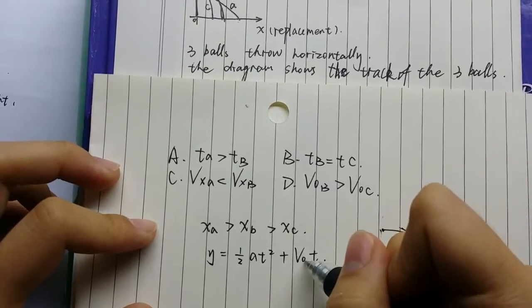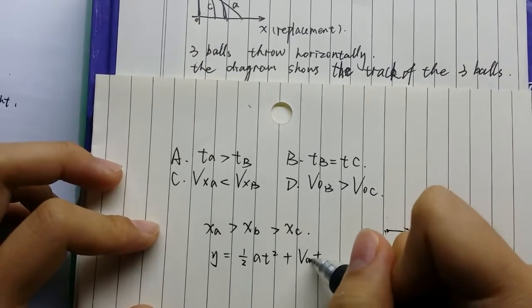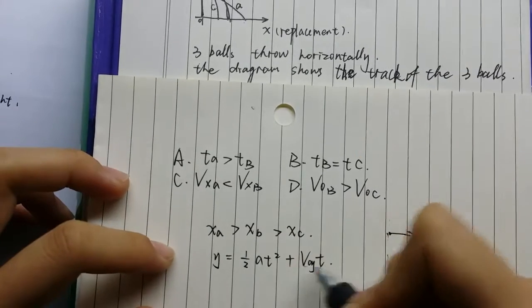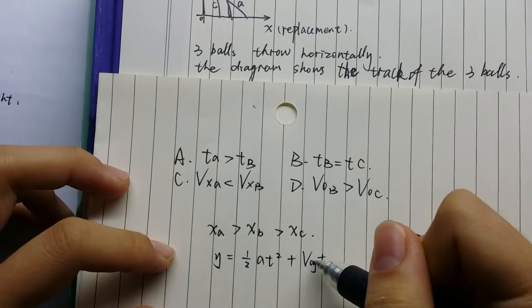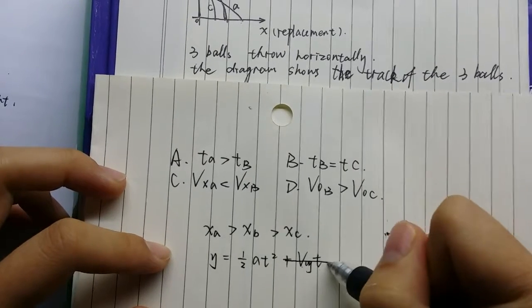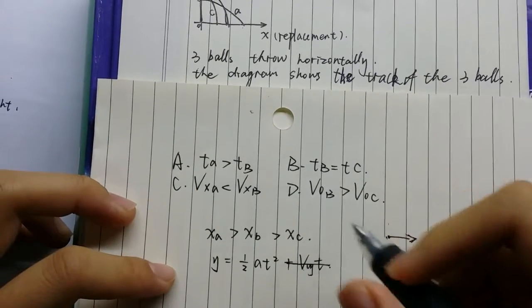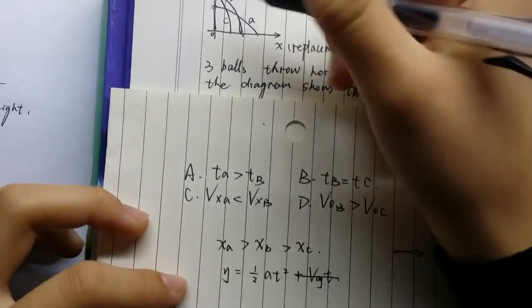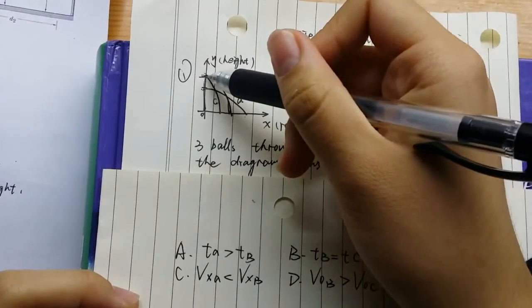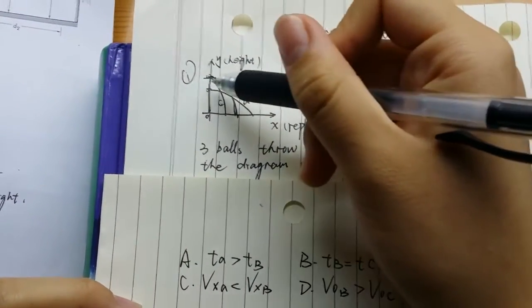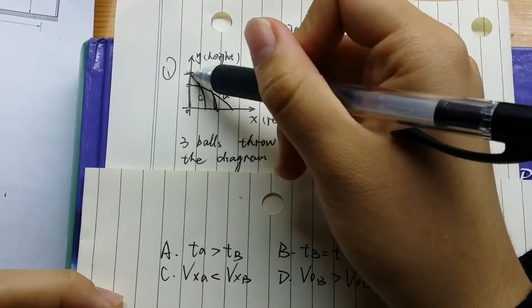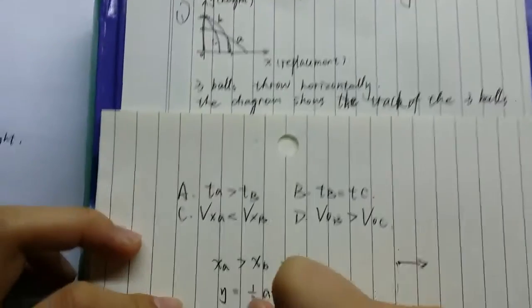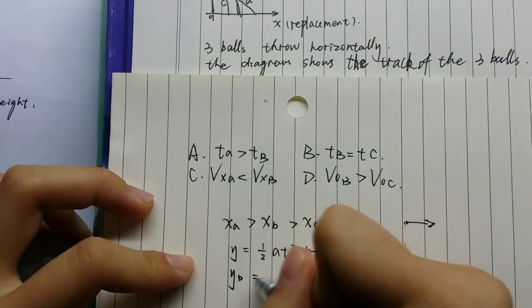So for the velocity along the y-axis in this equation, it does not have one, so we can cancel this term. And as we can see in this diagram, the height of B and C are the same. So YB equals YC.